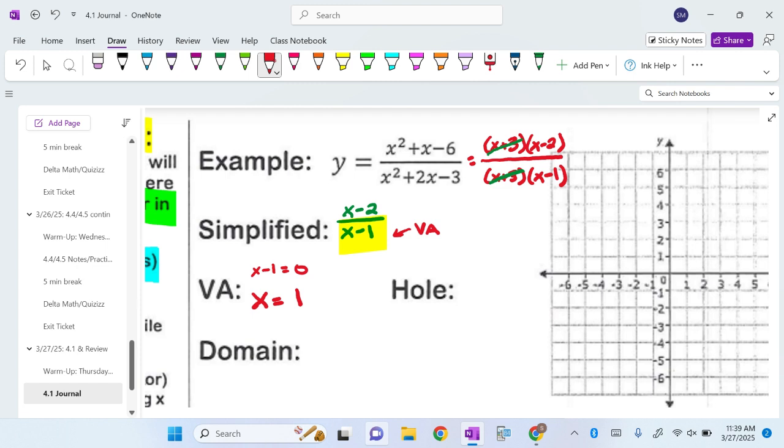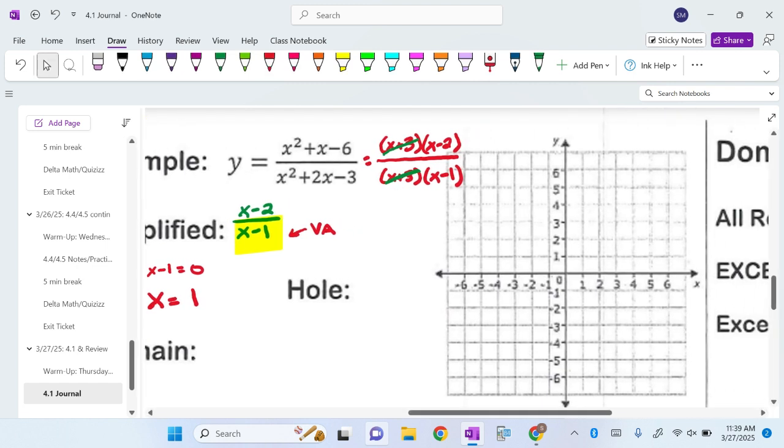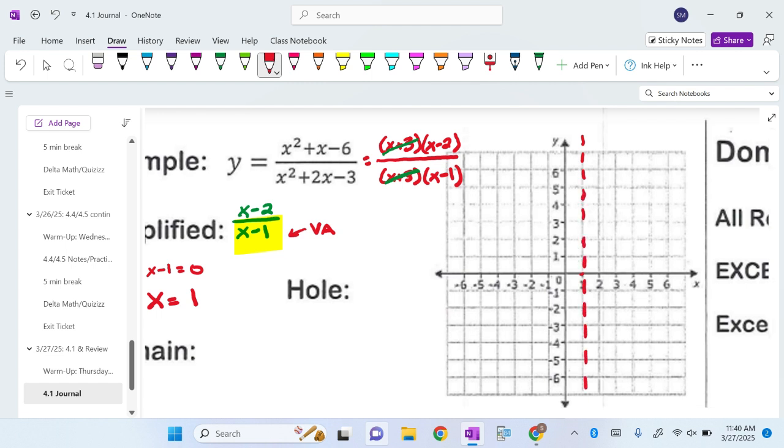On my graph, if I were to graph this, we would have a vertical asymptote at x equals 1. So on your graph, I would draw a vertical line at the x value of 1, so right here. And we typically draw asymptotes with dashed lines. So this is my vertical asymptote. And again, it's at x equals 1.